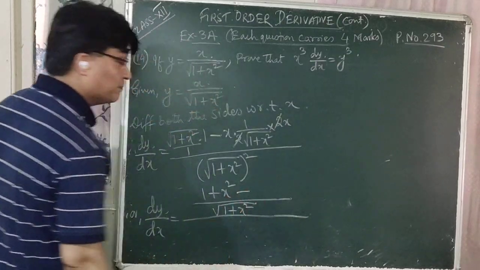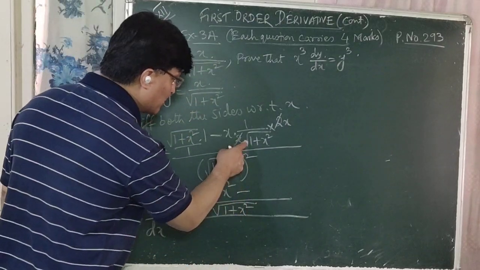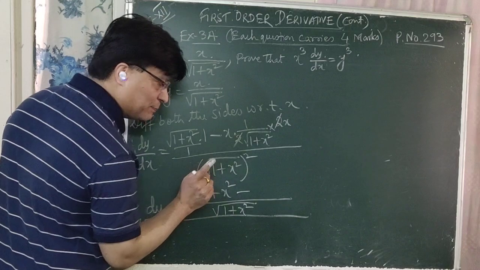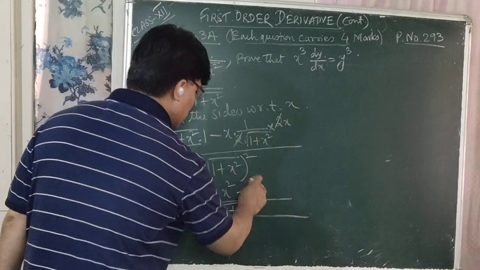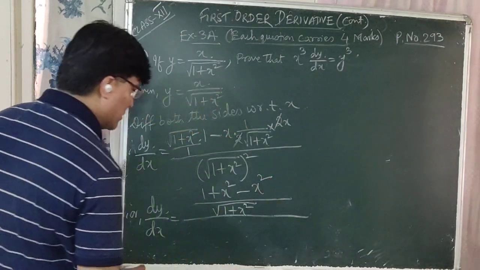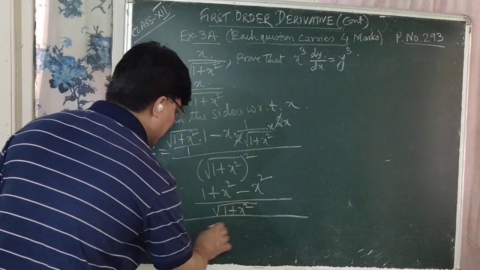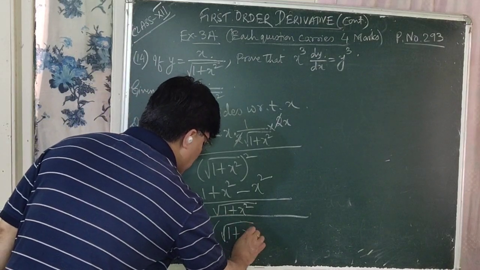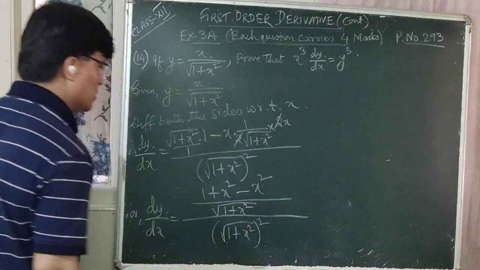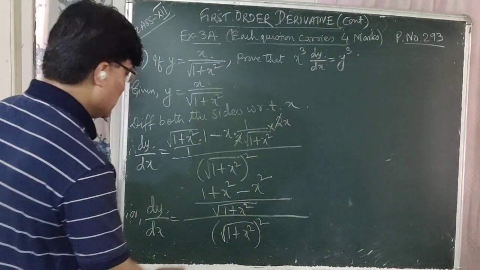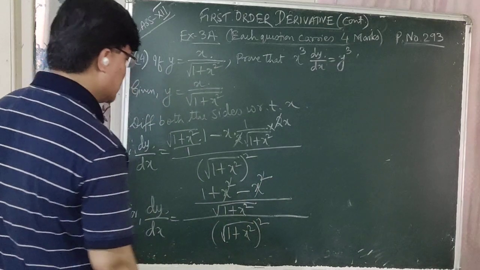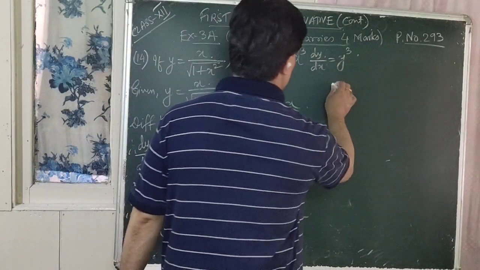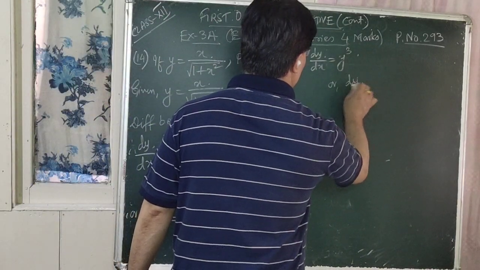Then minus sign. Again, this LCM is divided by root over 1 plus x square. It goes one time. So 1 into this x into x is x square minus x square, right? So here in the denominator, you can write root over 1 plus x square, this is whole square. Okay? So now here this x square gets cancelled, or what is the value for dy by dx?